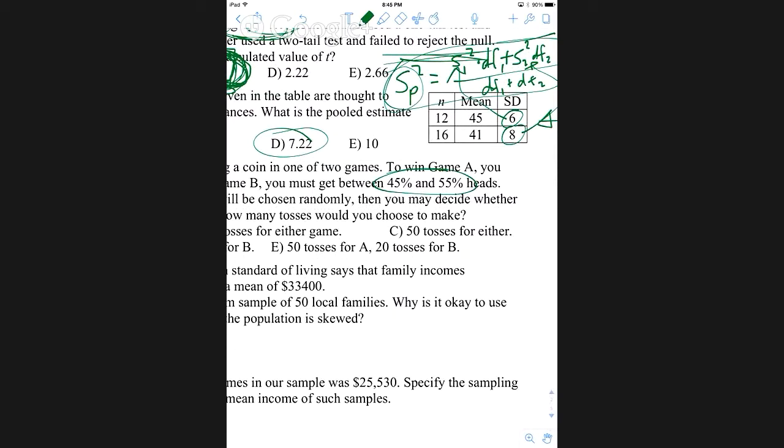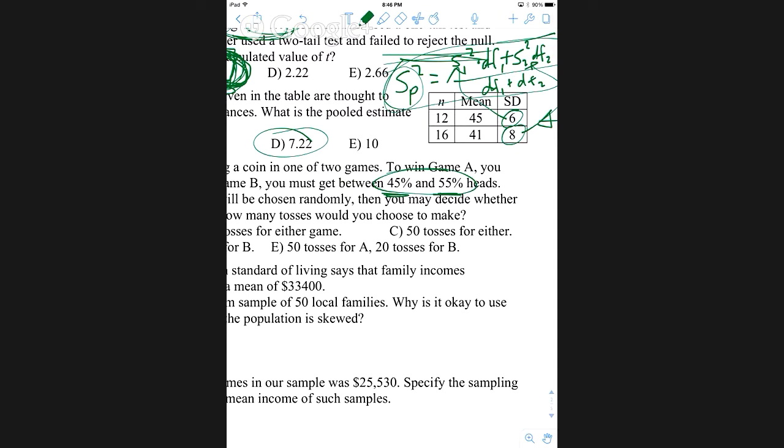We know the true proportion should probably be around 50, so this gives me a plus or minus 5 margin of error as I increase my samples. So I'm definitely going to choose 50 tosses for game B.